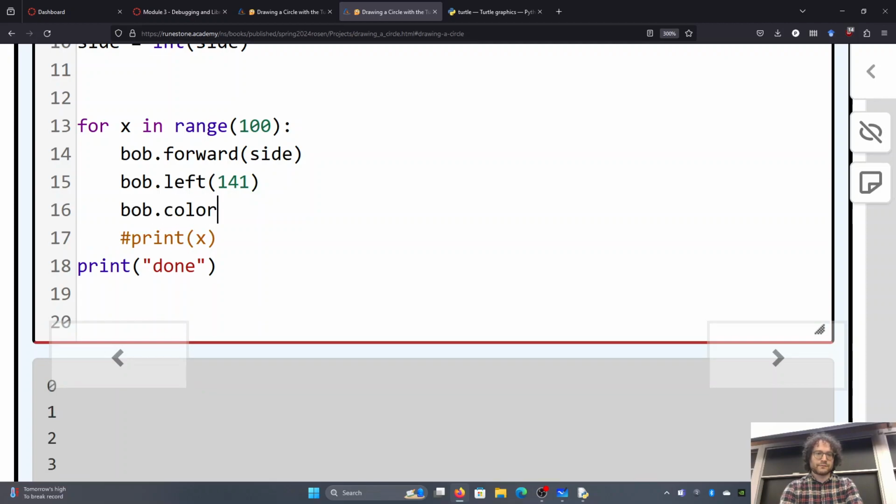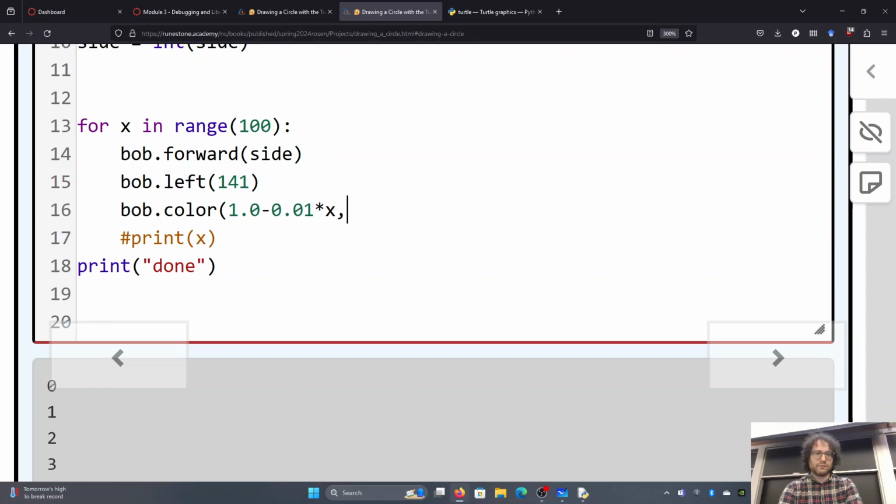Bob.color is equal to, let's go with 1.0 minus 0.01 times x for red.